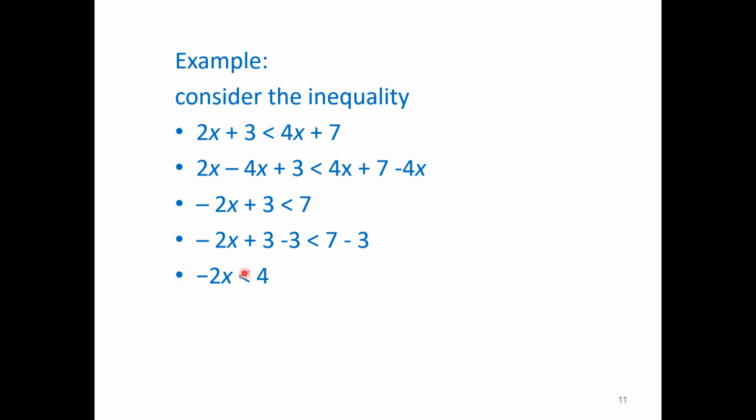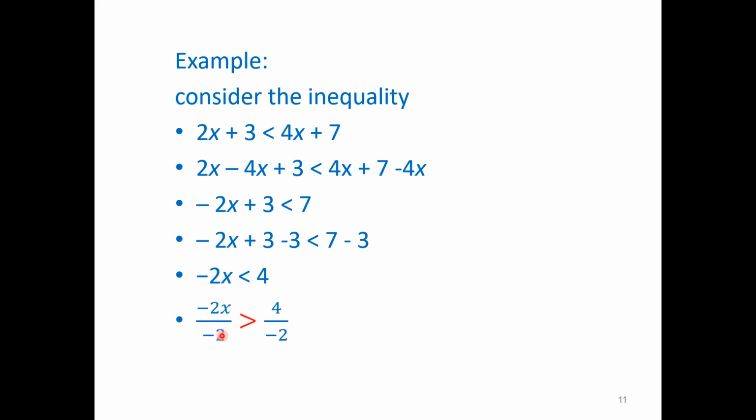And then we need to keep only x on the left side, but x is multiplied by minus 2, so we have to divide by minus 2. Well, we said just now, if we divide by a negative number, we have to reverse the sign. So this sign has to be changed. Instead of less than, change it to greater than.